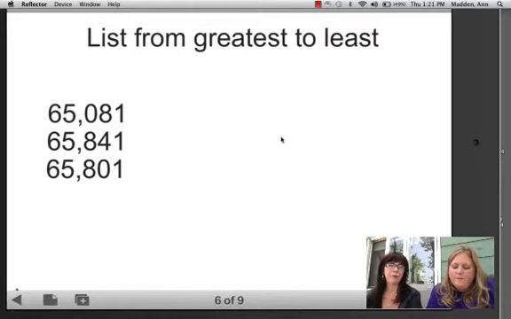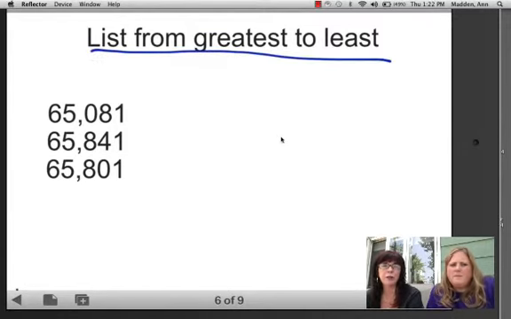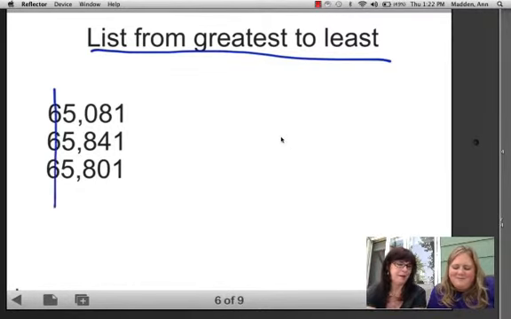Okay, now we have three numbers that we are going to list from greatest to least. Remember to always read the directions so that you are listing the numbers according to what they're asking. So again, we're going to start from left and move to the right. Our first set of numbers are sixes, all equal. Next column are all fives.